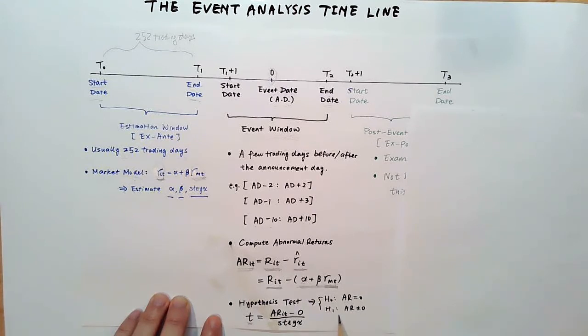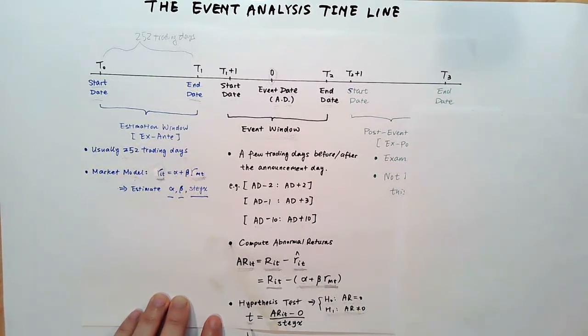The alternative is that the abnormal return is not equal to 0. If we reject the null and accept the alternative, that means the impact of the announcement on the company's stock price is material. It's very important that we establish the return is material by rejecting the null.